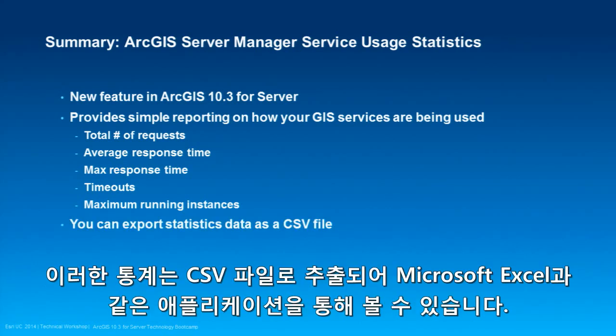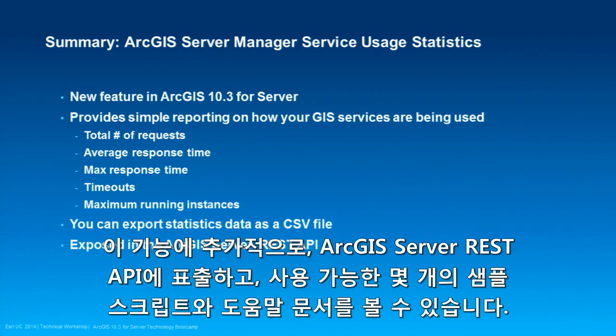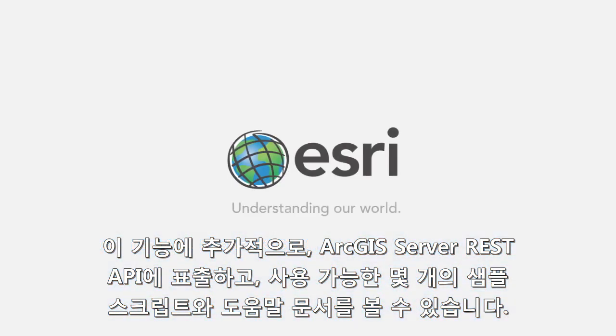These statistics can also be exported as a CSV file, and you can view it in an application such as Microsoft Excel. In addition, this functionality is exposed in the ArcGIS Server REST API, and as you saw earlier, we have some sample scripts that are available to you in the help documentation. Thank you for listening.